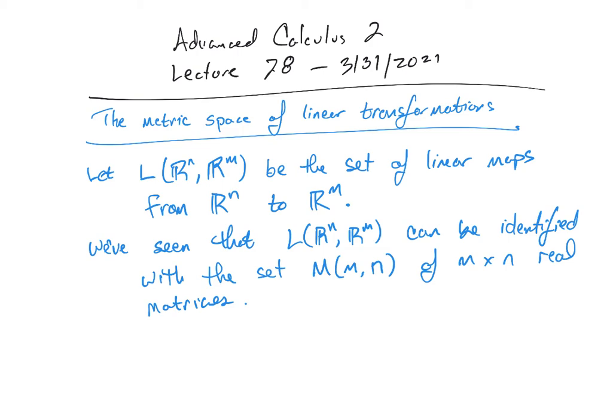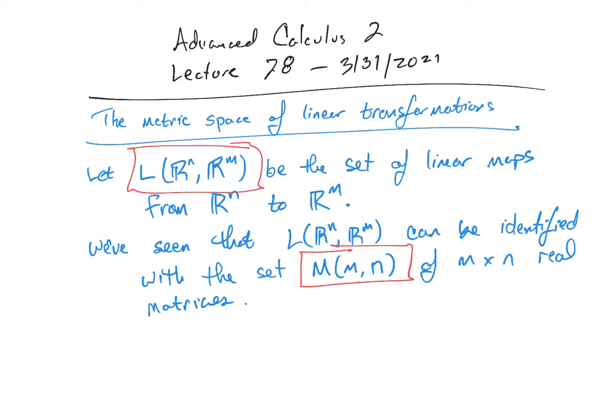Okay, so everybody remember when we did that a few lectures ago. Now that process actually does involve picking a basis. Okay, now in this course we're always using the canonical or the standard basis, but there is a choice in there. But anyway, this gives us an isomorphism, really, between these two vector spaces: the vector space of linear maps and the vector space of m by n matrices.